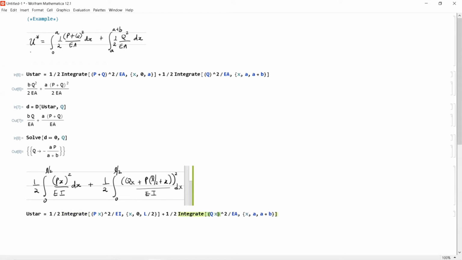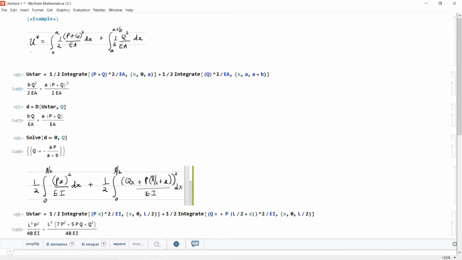So Q times X plus, and I'll cheat again because I'm lazy, and that's okay, L divided by 2 plus that, another parentheses, divided by EI. Very cool, everything looks great. That integral goes from 0 to L half as well because of the way I defined the X. And now I have U star.